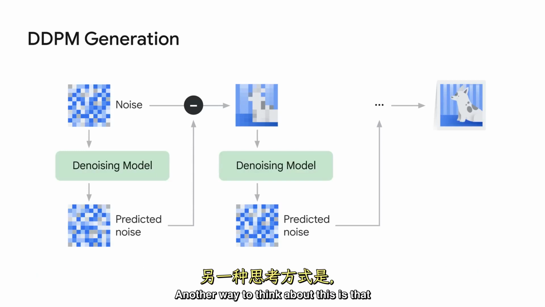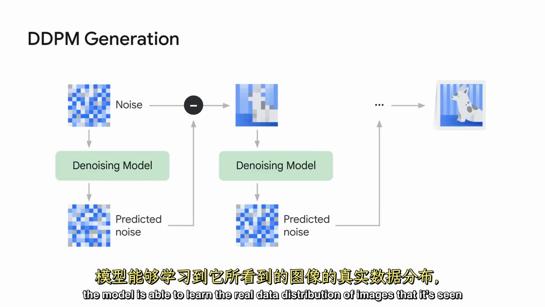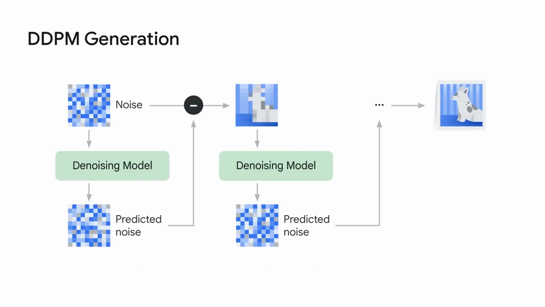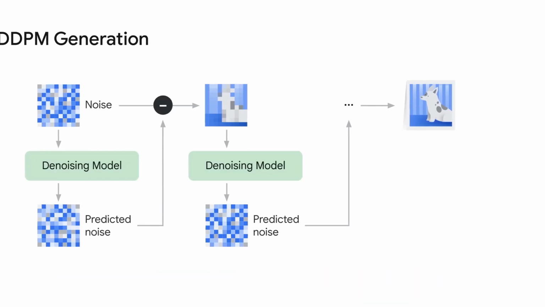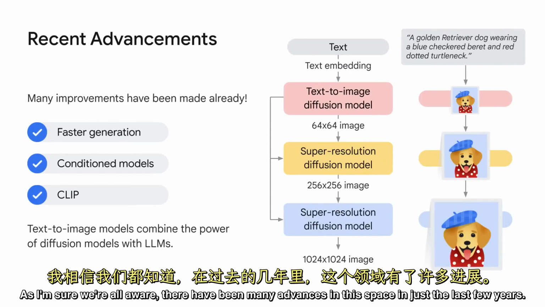Another way to think about this is that the model is able to learn the real data distribution of images that it's seen and then sample from that learned distribution to create new, novel images. Very cool. As I'm sure we're all aware, there have been many advances in this space in just the last few years.